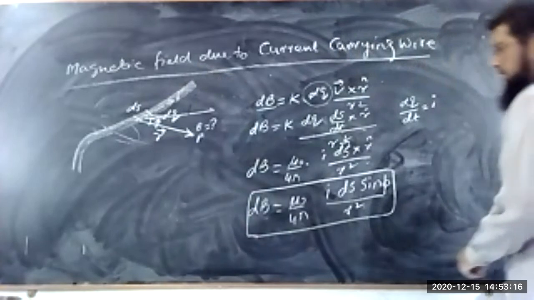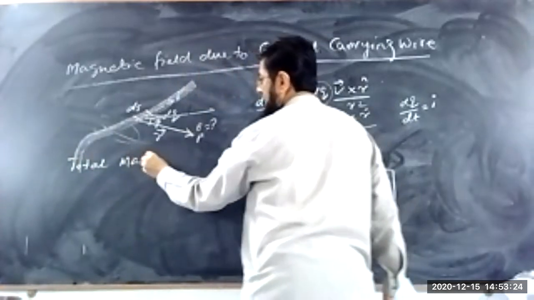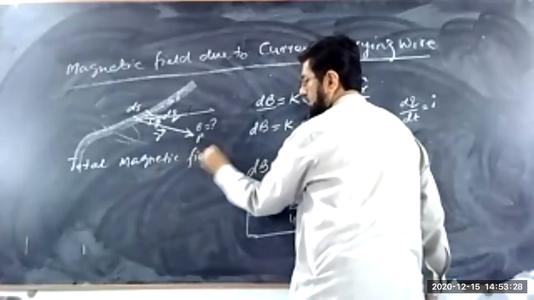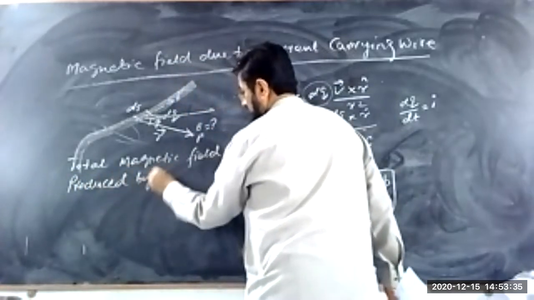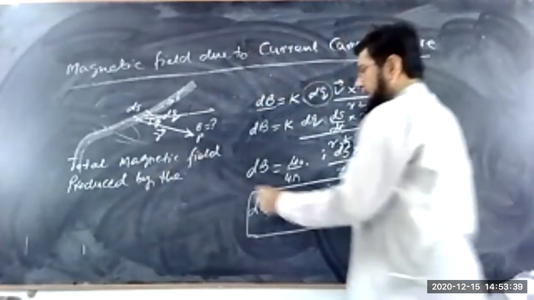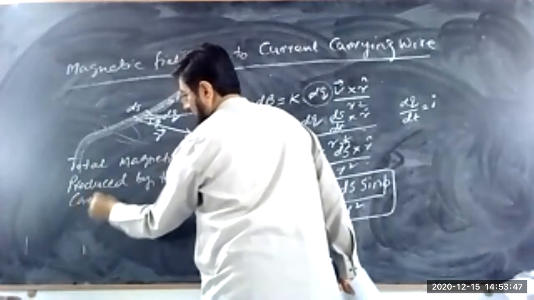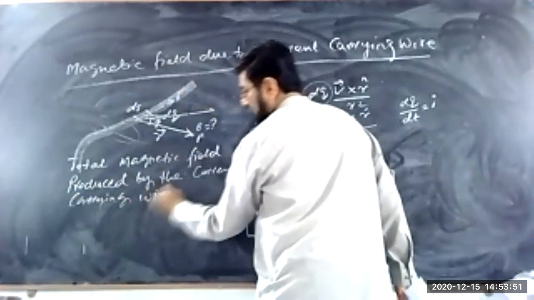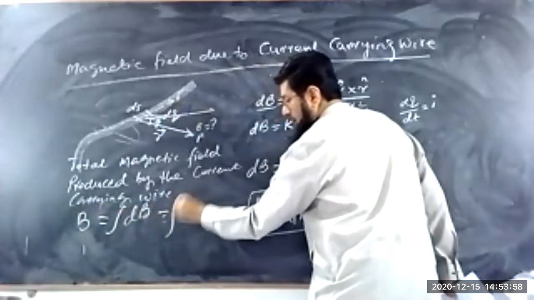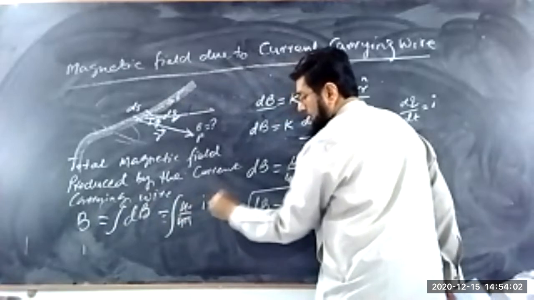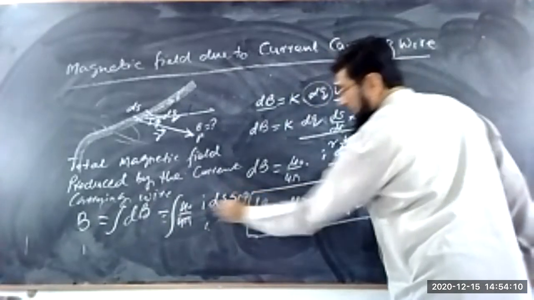So the total magnetic field produced by the current carrying wire is the integral over this dB, which is equal to B is equal to the integral of mu naught over 4 pi I ds sine of angle phi upon r square.